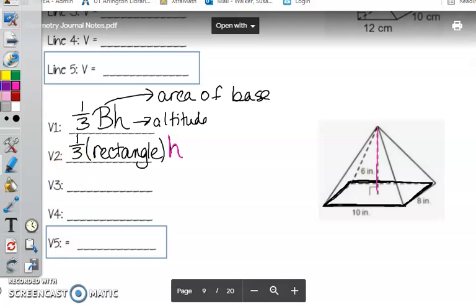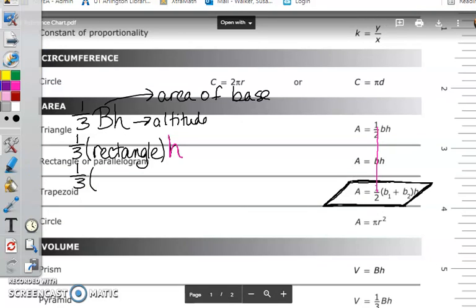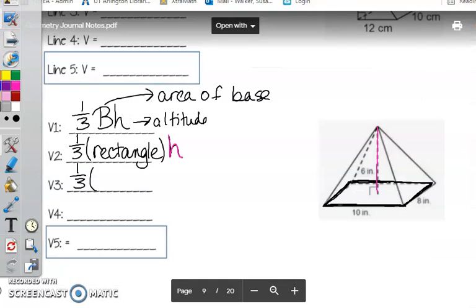So 1/3. Now I know what the formula is for a rectangle, but if you don't, good habit here, go to the formula chart: rectangle, little bh. In English we say lowercase. And then we have another h.